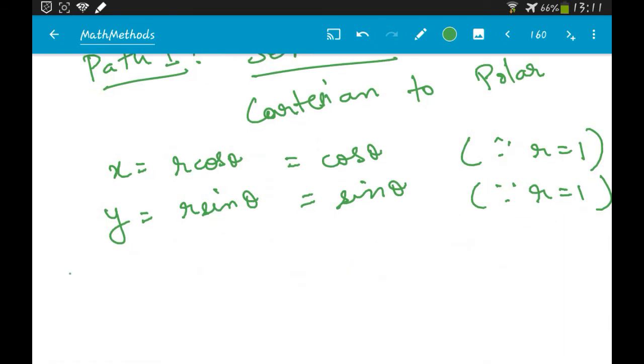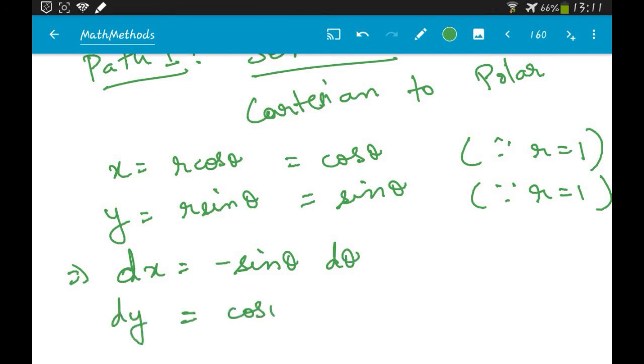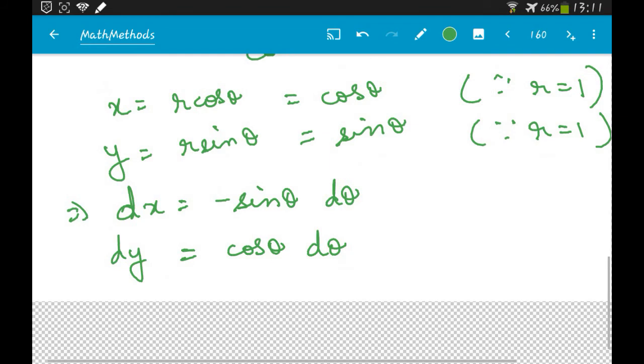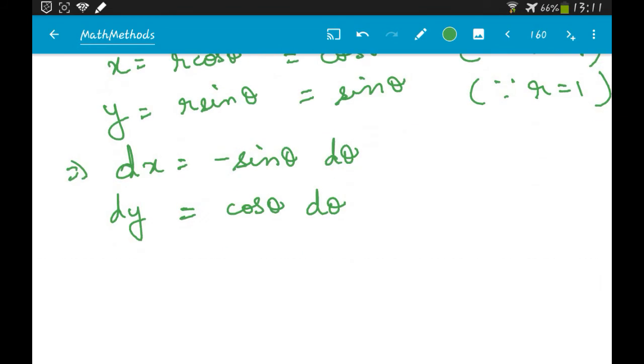Okay, then you'll get dx is equal to minus sin theta d theta, and dy is equal to cos theta d theta. Now, because everything is converted to theta, we need to see how theta varies.